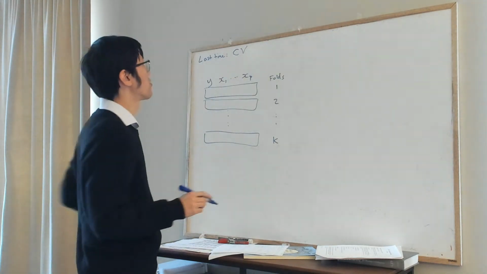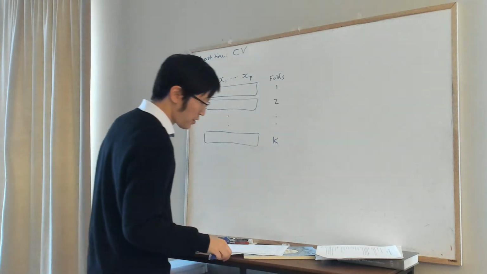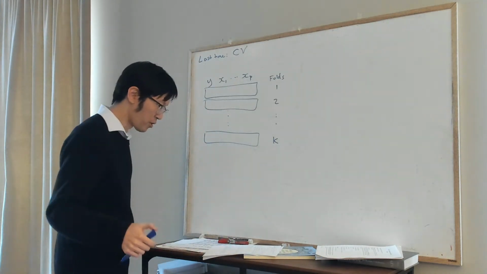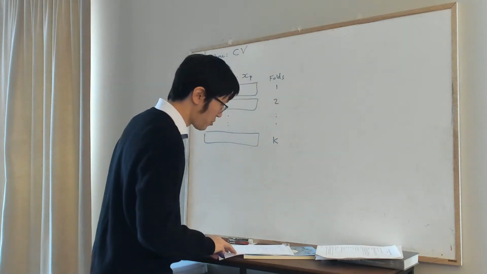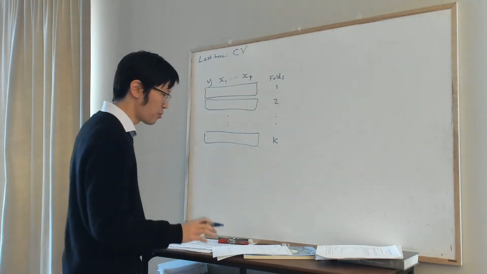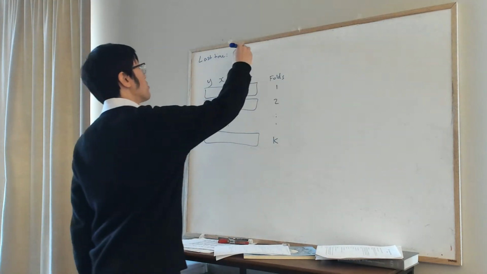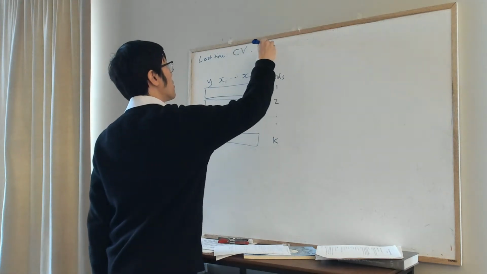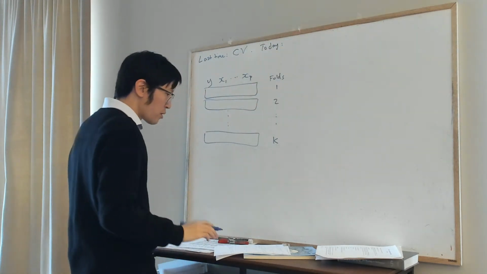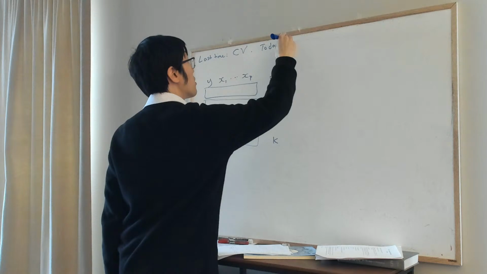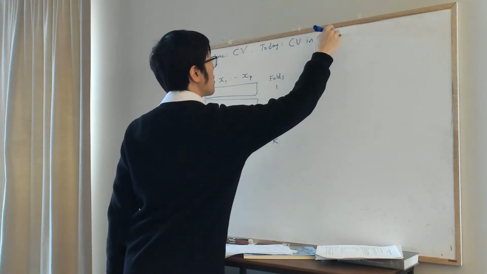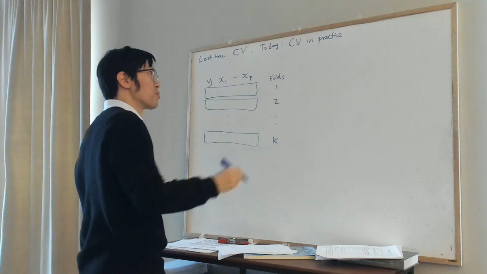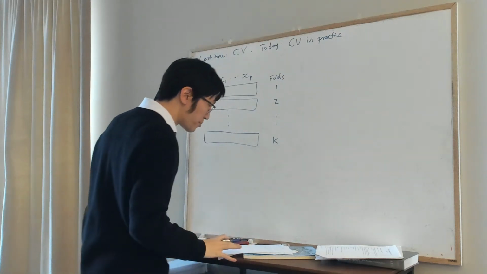Last time we introduced that idea, and I want to fill in now some of the details about how to actually do this in practice, with some practical points. So today: CV in practice, and some comments on usage.